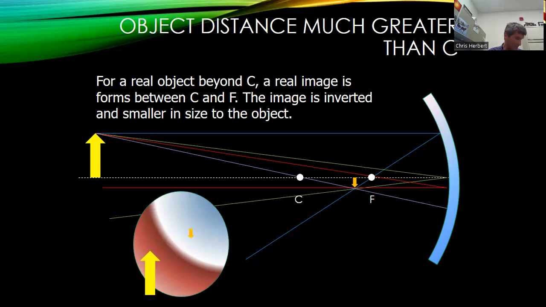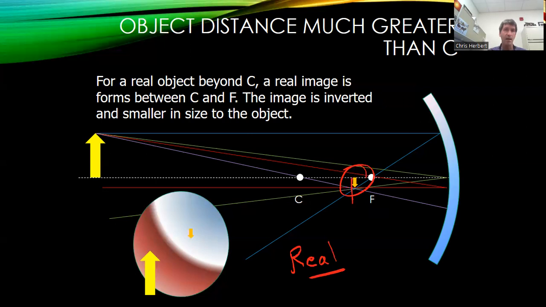And what we notice about this image is, first of all, it's upside down. It's also on the same side as the rays of light. So the light actually is on this side. So we would say that this image is real because all the light is on the same side where the image is. If I were to put a screen here, I could actually project that image onto the screen.